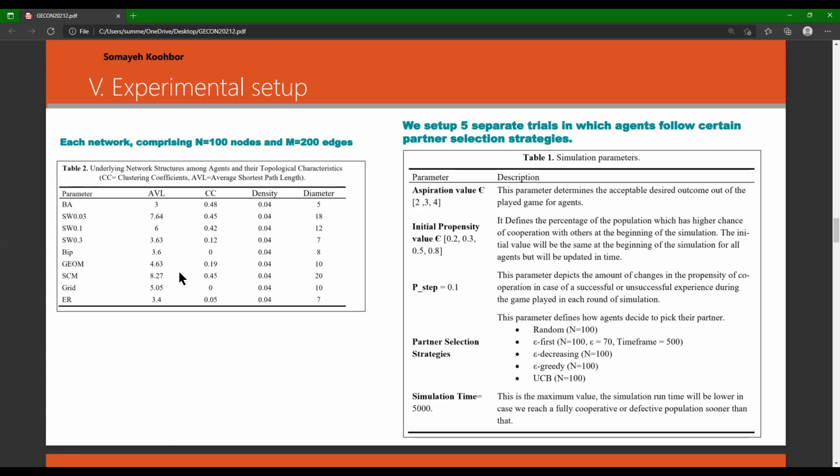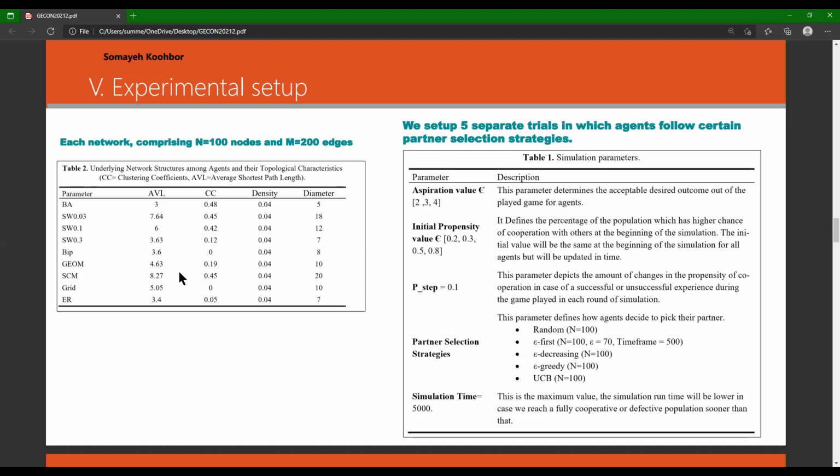And there are also some setups that we need to follow. For example, the aspiration value, which determines the accepted desired outcome of the played game for agents. We actually performed sensitivity analysis on this parameter, but this wasn't the main contribution of our paper.